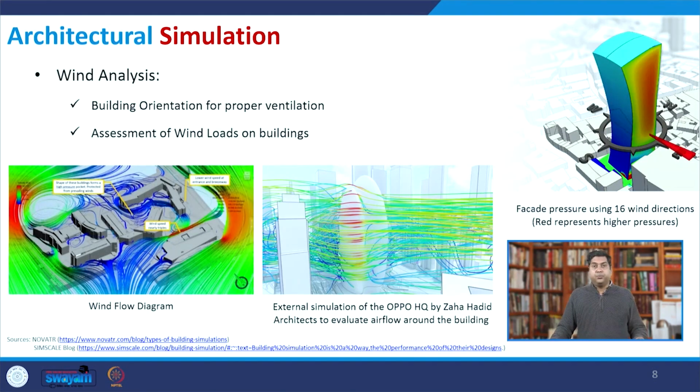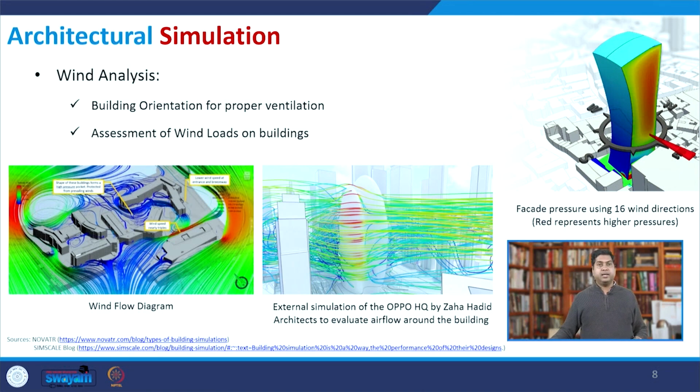I talked about wind as a factor. So wind analysis is also very important, and for that we do testing like the tunnel effect and all. So building orientation for proper ventilation and assessment of wind loads on buildings.